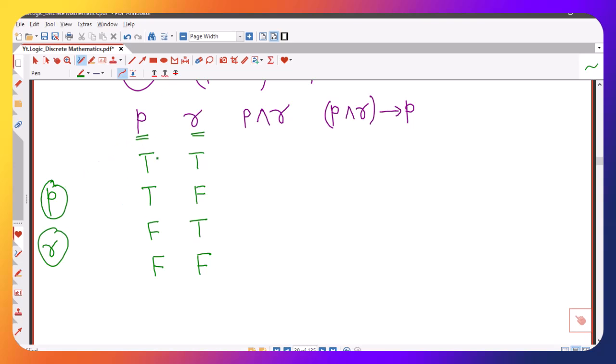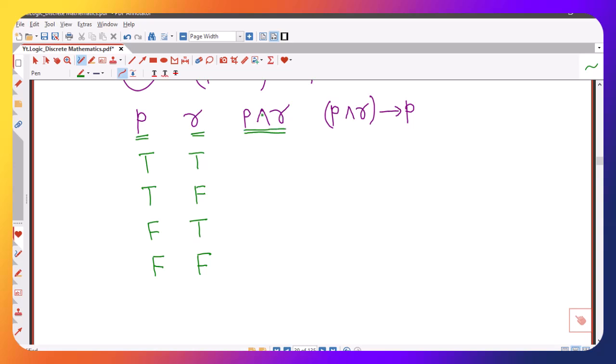Therefore we are writing all these possible truth values. If we have a particular statement, then we can say that it is either true or false, but here we have statement formulas. Now we want to find the conjunction of P and R.